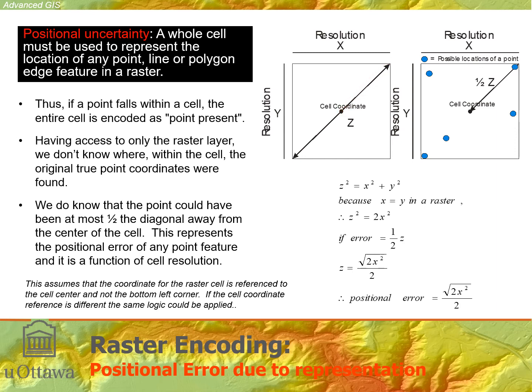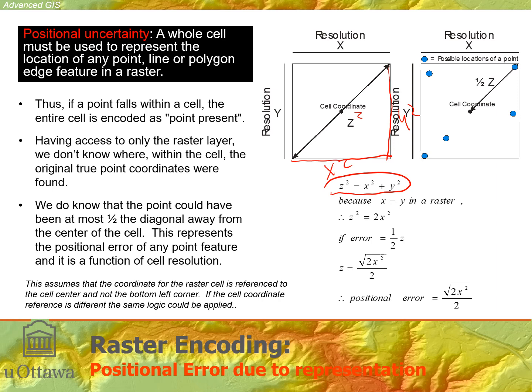And how we do that is using Pythagoras's basic theorem. Because a cell is square, we can have a right angle triangle. Even if it's not square, we can still make a right angle triangle. And then we say x squared plus y squared equals z squared. So that's the length of the resolution in x and the length in y, squared, and then added together.